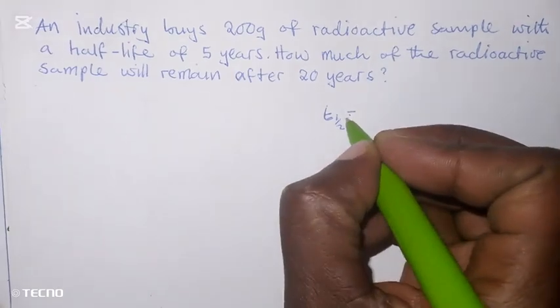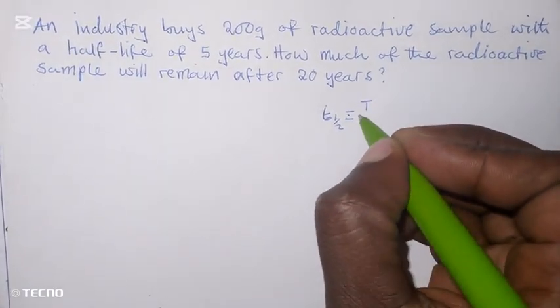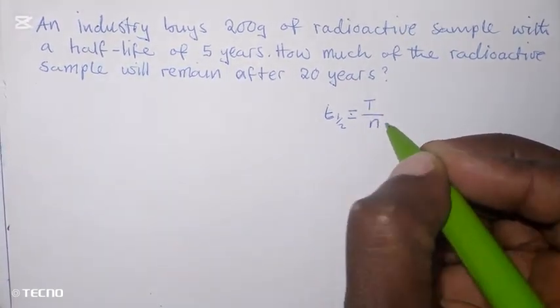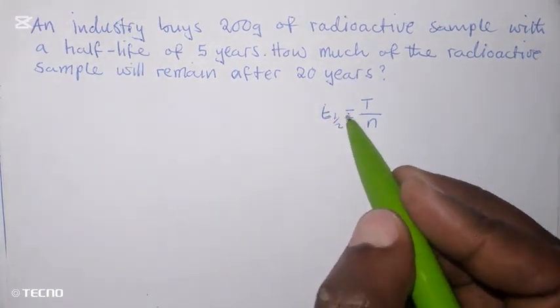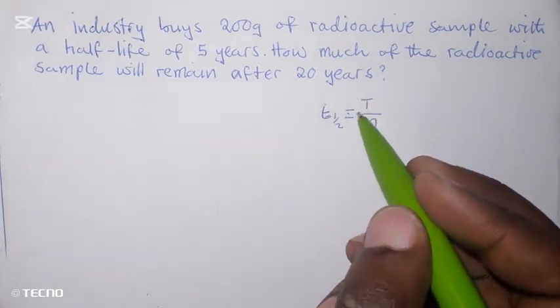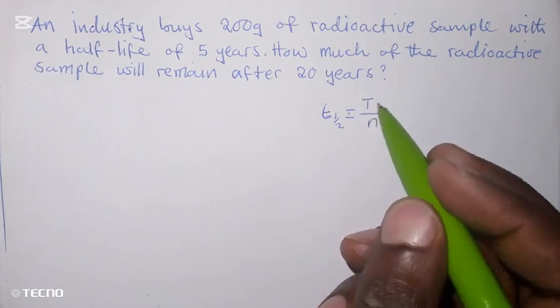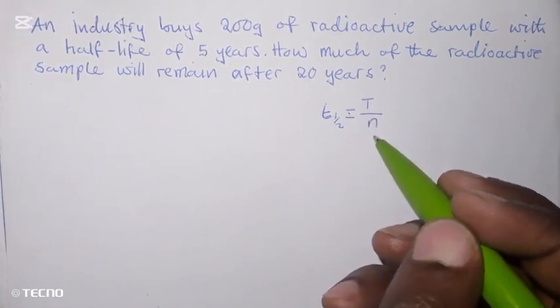Half-life is equal to t over n, where this one here represents the half-life, t represents the total time, then n the number of half-lives.